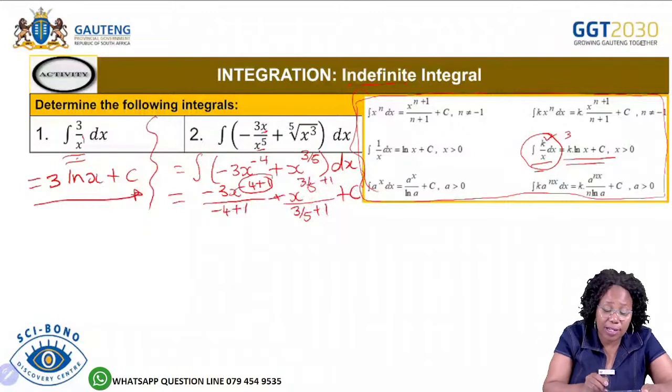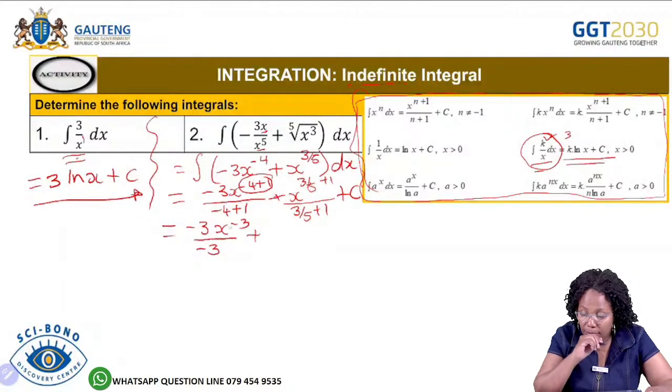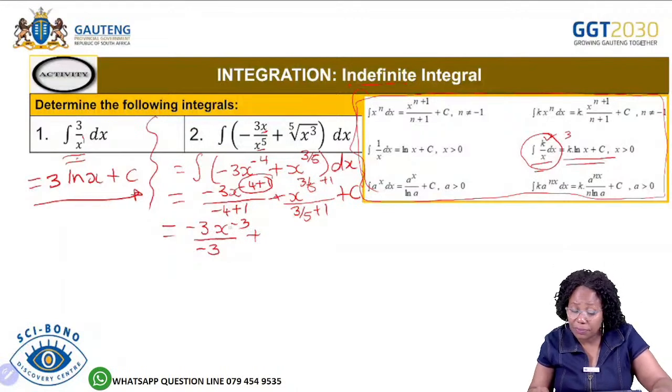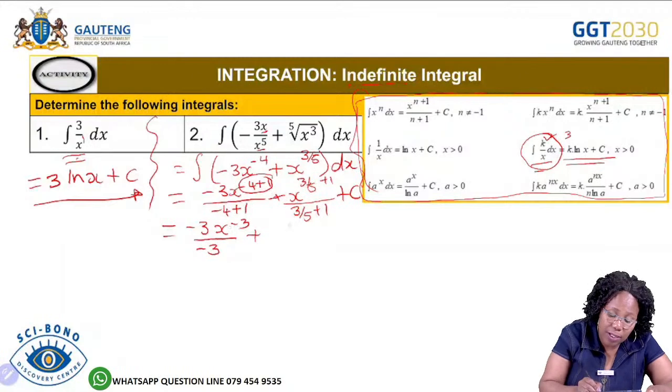Can you see now the integration sign is no more there because we are integrating. So we'll end up with minus 3 x to the power minus 3 and the denominator minus 3 there. And then plus x to the power 3 over 5 plus 1, that will be x to the power 8 over 5, and the denominator will still be 8 over 5, plus c.